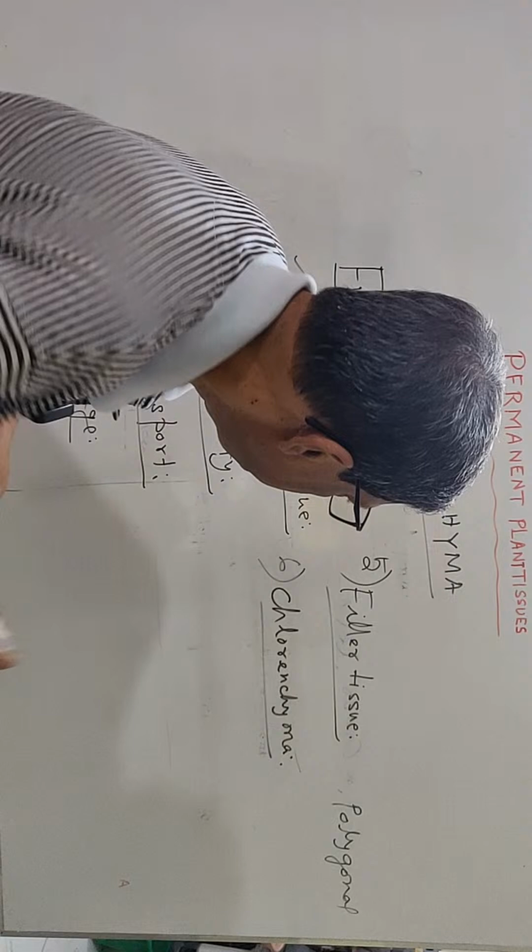Number 10, epidermis. The epidermis of plants, root and leaves, is constituted by this tissue. Number 11, divisibility.